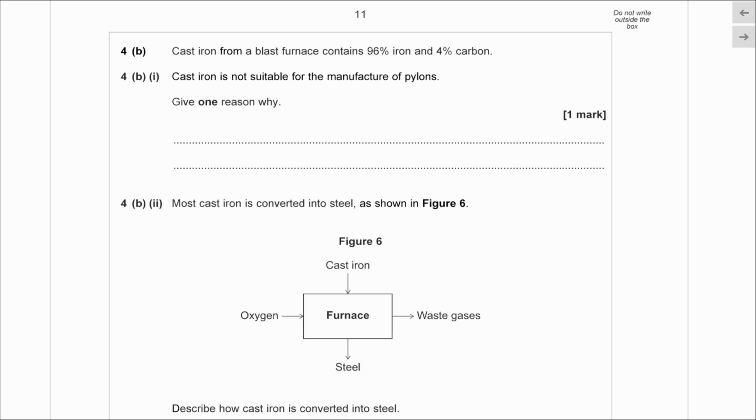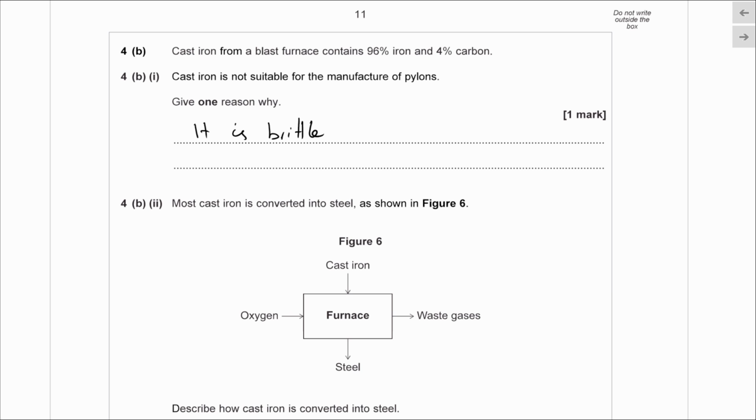And the main thing, though, is that it's brittle, right? Cast iron, without refining it, can be cracked if it's hit or struck with a large amount of force. So, the main reason is because it is brittle. Alright, it's brittle, and that's obviously not what you want for a pylon, which needs to withstand a lot of weight and a lot of force.